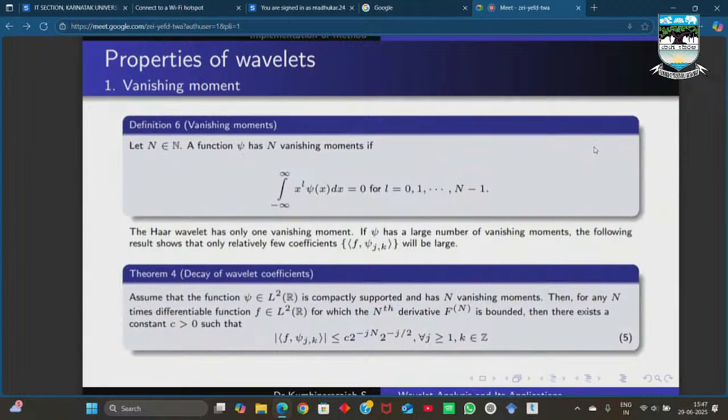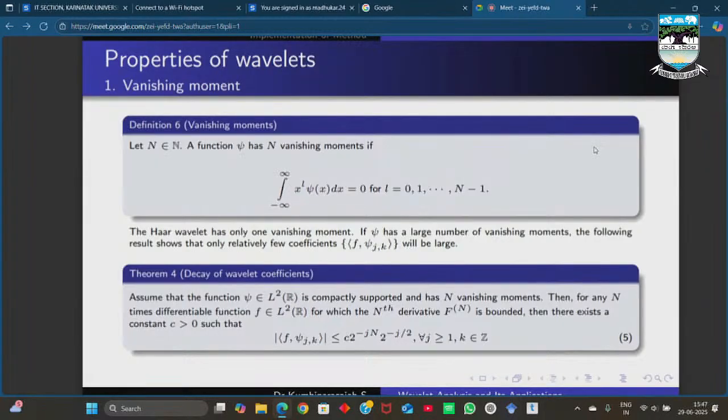If the psi has more vanishing moments, then in the approximated series representation, a larger number of the unknown coefficients will be neglected. To justify this statement, I am stating this theorem 4. That means decay of the wavelet coefficients. What does it say?